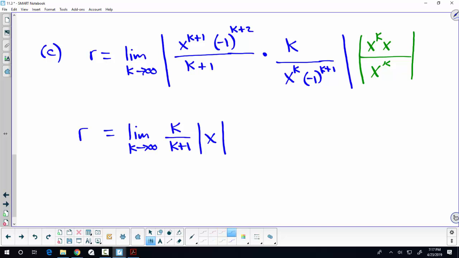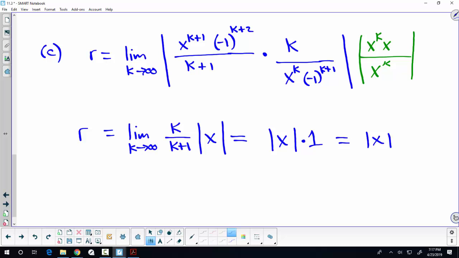So remember, this is our ratio. This limit is equal to 1. We have the absolute value of x times 1, which just gives us the absolute value of x for the ratio of that series. How is the limit of k over k plus 1 equal to 1? That's a polynomial.